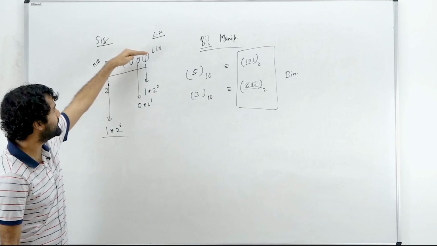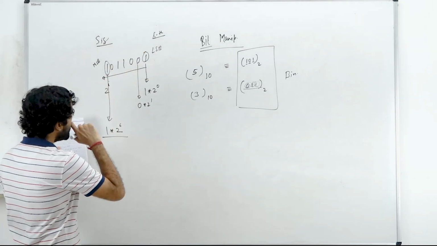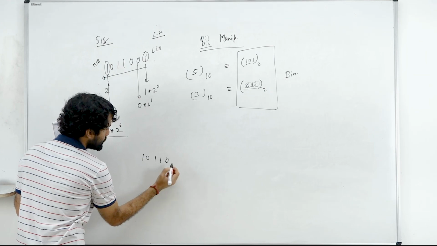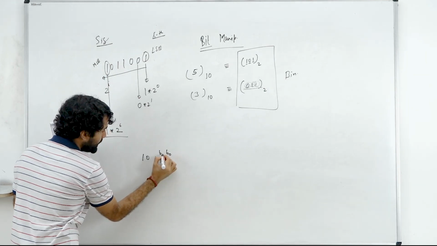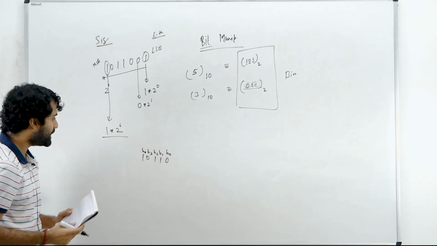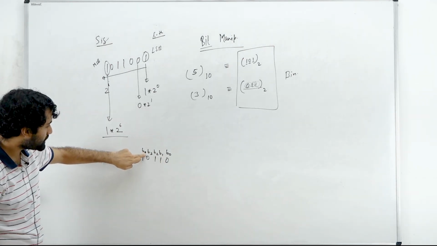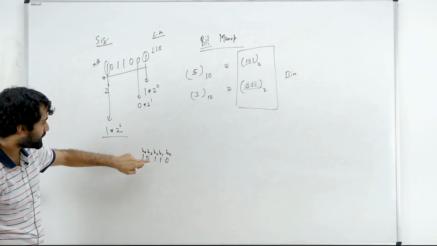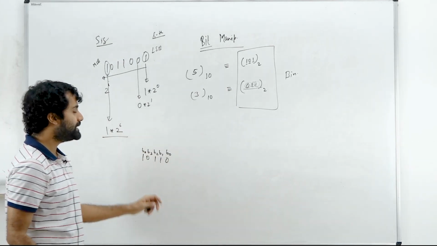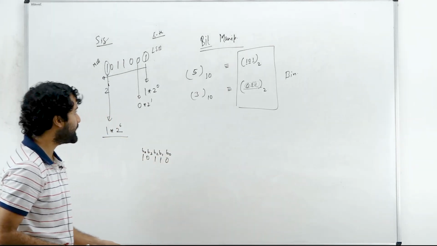Most of the times it is like this. One more thing, to number the bits, I would number them like this in any question. So I will call it bit 0, bit 1, bit 2, bit 3, bit 4. This is how I'll number them. So higher the number, more significant the bit. Lesser the number, less significant the bit. Okay. So these are a few things that we will be taking care of.